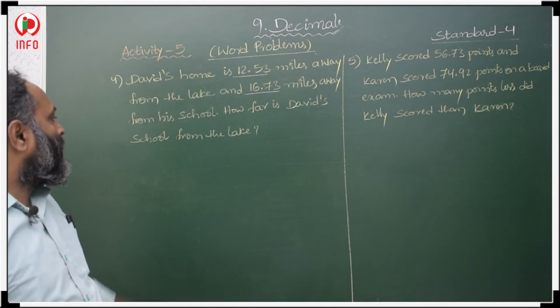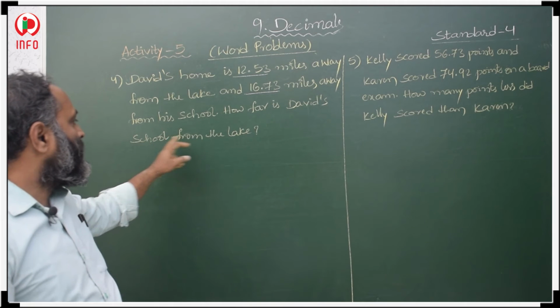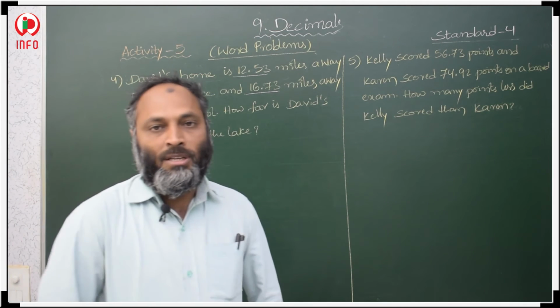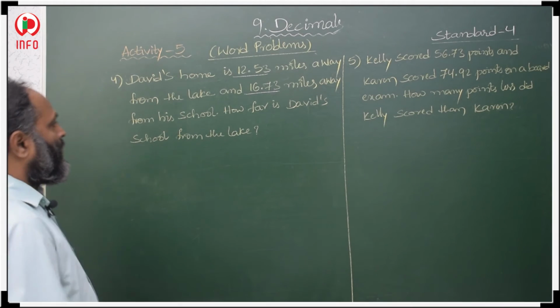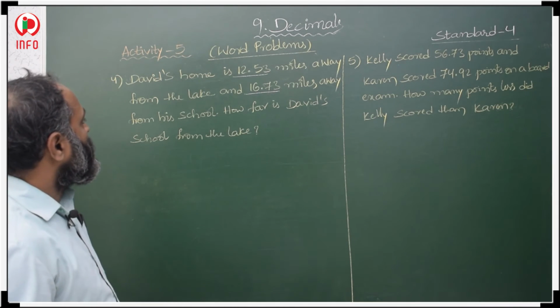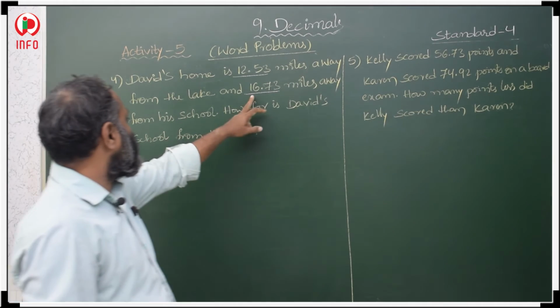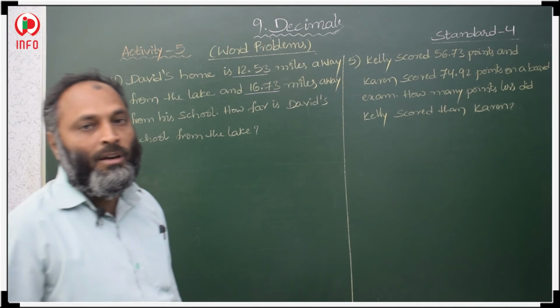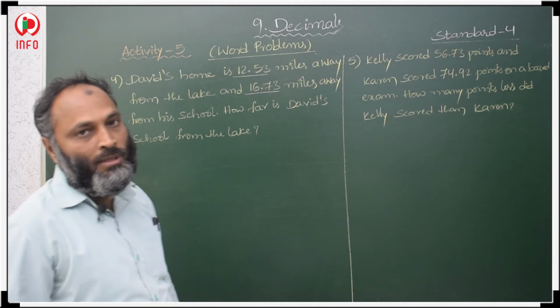Then how far is the distance from school to lake? He is asking school to lake, which means we have to subtract. We have to subtract the lake distance from the school distance, that means from bigger to smaller we have to subtract.